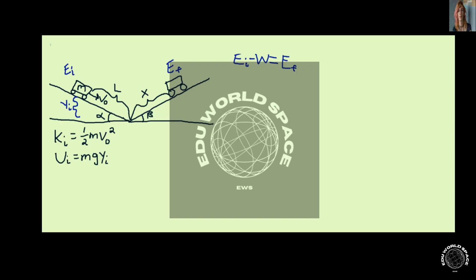Well, if we remember our trigonometry SOHCAHTOA, the sine of alpha is equal to the opposite, yi, over the hypotenuse, which in this case is the length L that the truck has moved down the ramp. So we can then easily write that yi is simply equal to L times the sine of alpha.